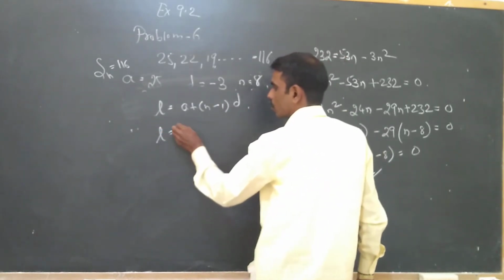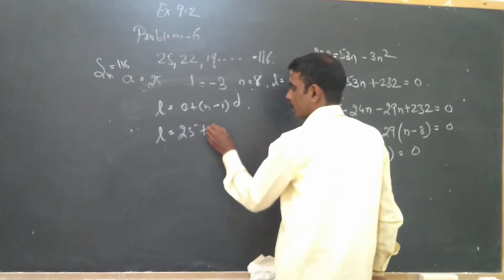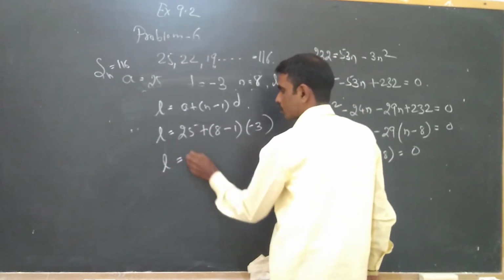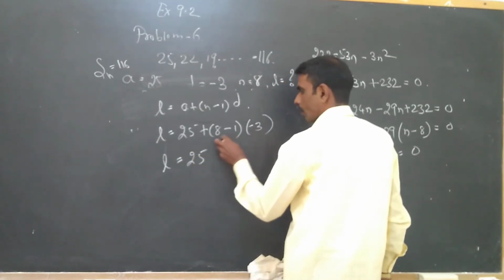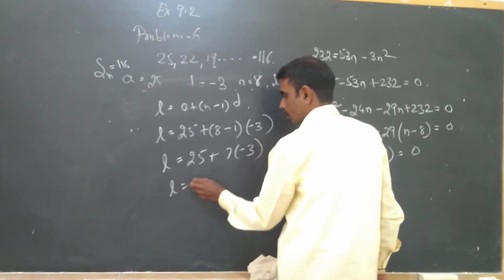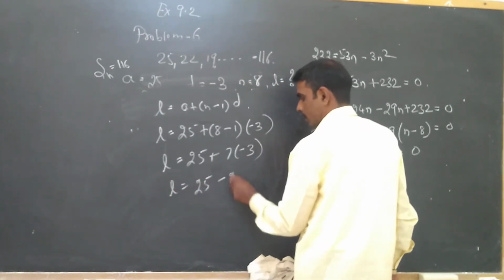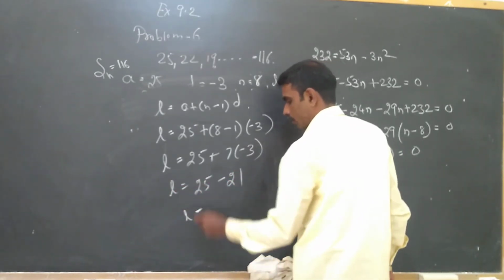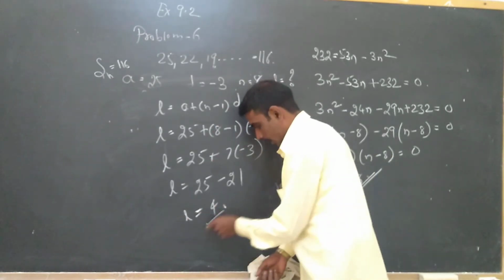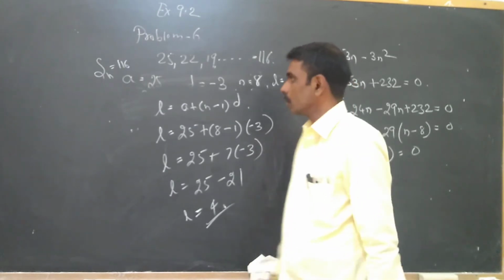So Tn is equal to 25 plus 8 minus 1 into minus 3, which is 25 plus 7 into minus 3, which is 25 minus 21. So the value will be 4. So here the last term that you are getting is 4.